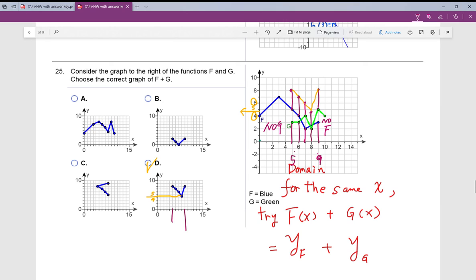The shape goes from below 5 to the highest value about 8. Same shape, this shape. Okay? So this is number 25.